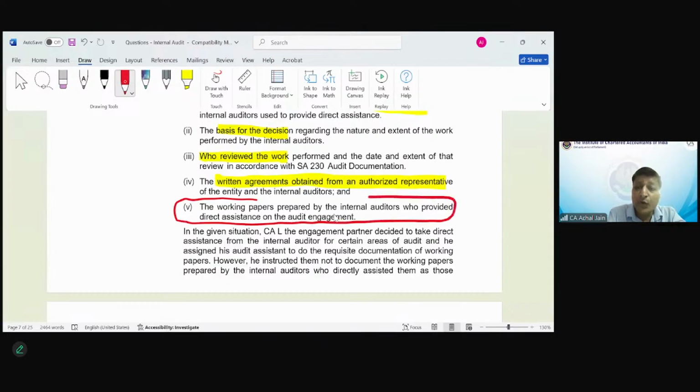Why? Because if you are getting some audit work done, that has to be part of the documentation. How can the statutory auditor exclude that? Otherwise, if the documentation of the work which the internal auditor has done is not maintained, will that be considered done? No, that will be considered as if the work is not done.